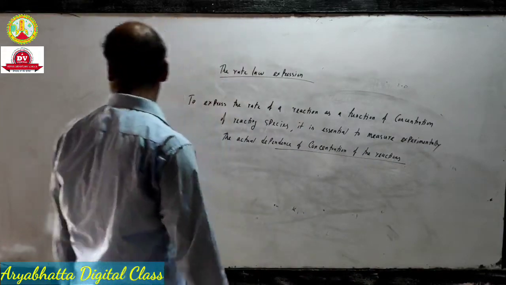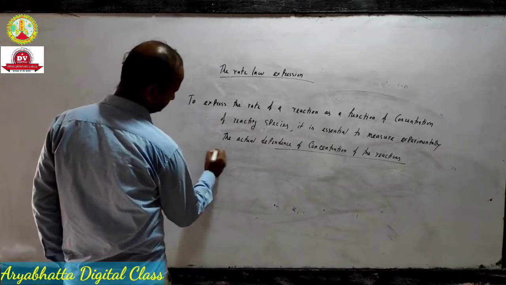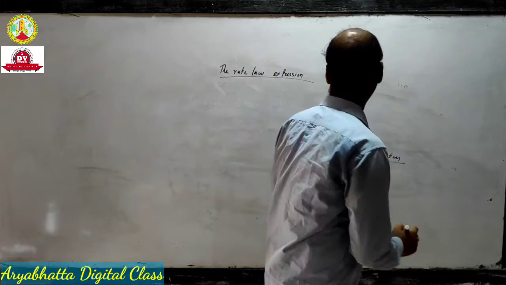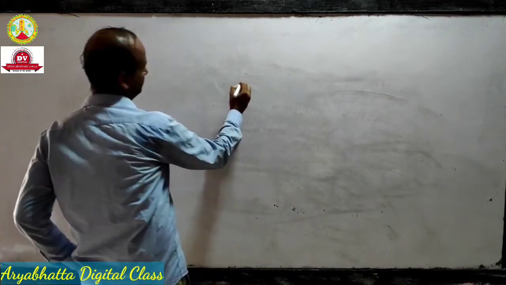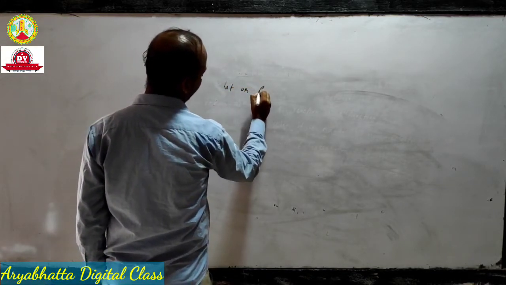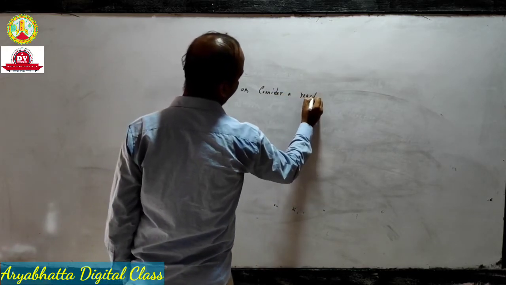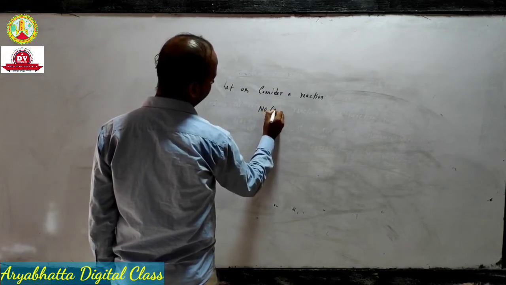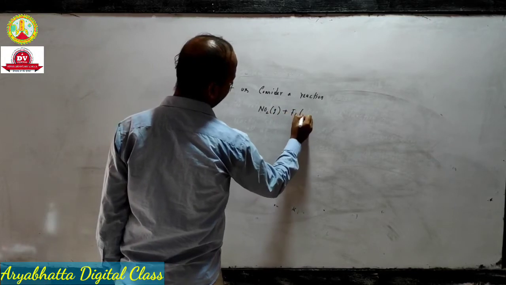Okay, suppose now let's say this is a reaction. Let us consider a reaction. देख लो, NO2 gas, this is nitrogen dioxide, plus F2.